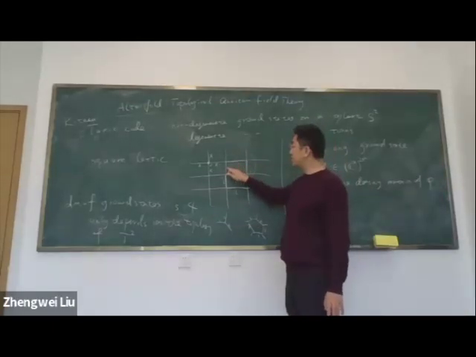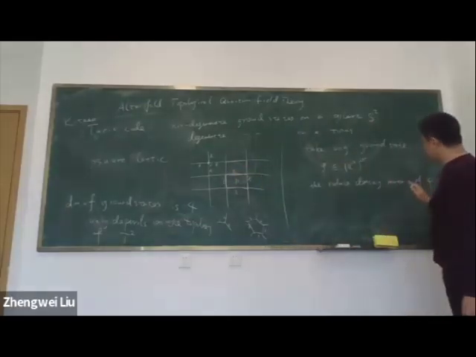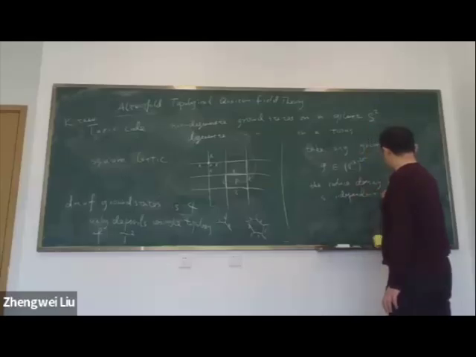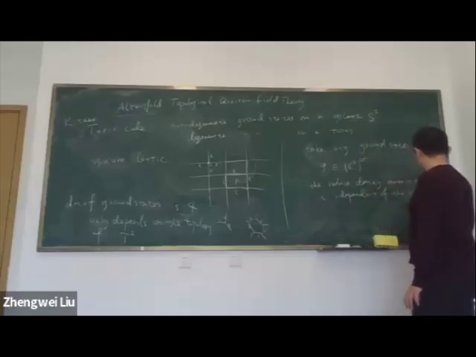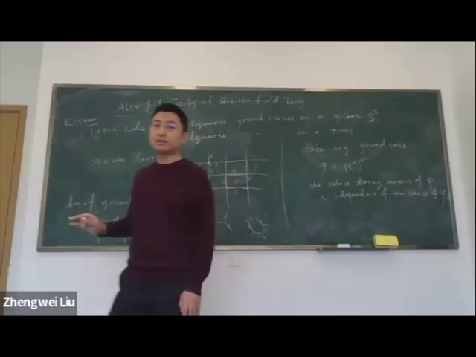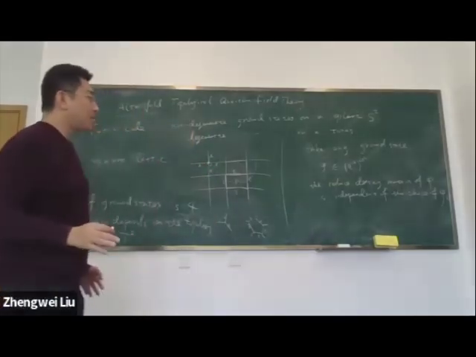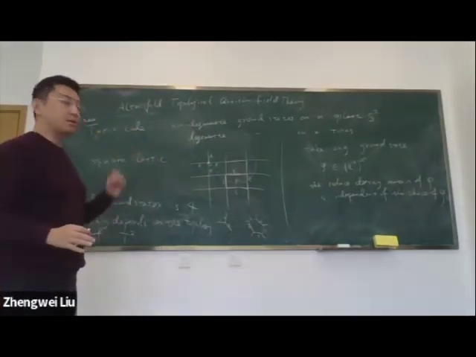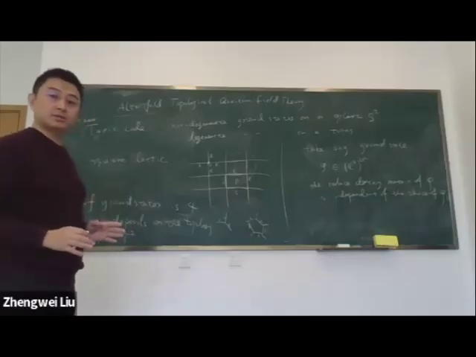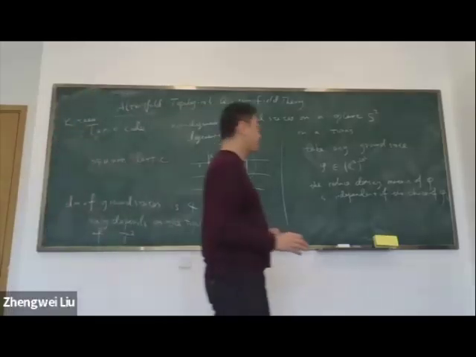This gives us a density matrix on 4 qubits. For any ground state, the reduced density matrix is independent of the choice of phi. So you see, the ground space is 4-dimensional, so there are many different choices. But if we only look at the local properties of those ground states, then we cannot distinguish them. They are locally the same.